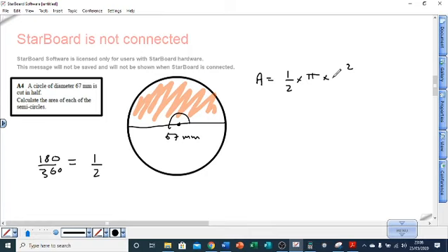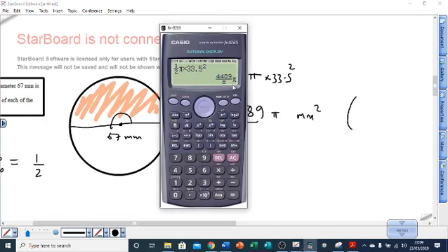The length is in millimeters, so the area will be in millimeters squared. Rounded to 1dp, though you could have chosen other roundings, it is 1762.8 millimeters squared. Okay, so there you go.